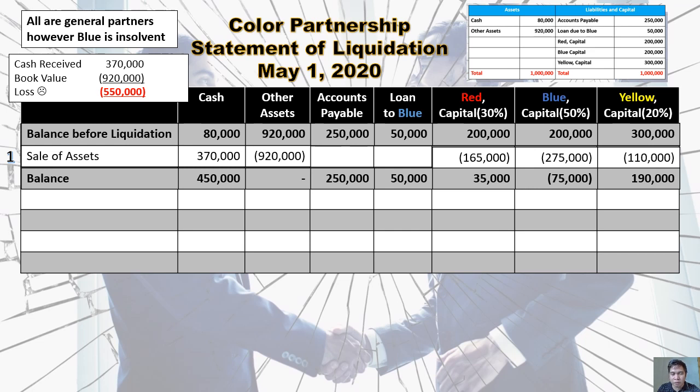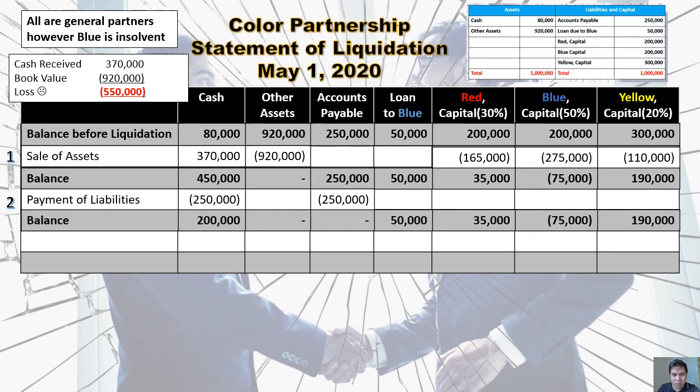Before we eliminate the deficiency of Blue, since meron naman tayong available cash to pay our obligation na 250 na accounts payable, bayaran muna natin siya. So payment of liabilities, 250,000 pesos. So minus cash, then minus din tayo sa accounts payable. The balances after the payment of liabilities are 200,000 pesos for cash, loan to Blue 50,000, Red capital 35, Blue negative pa din na 75, then 190,000 pesos for Yellow.